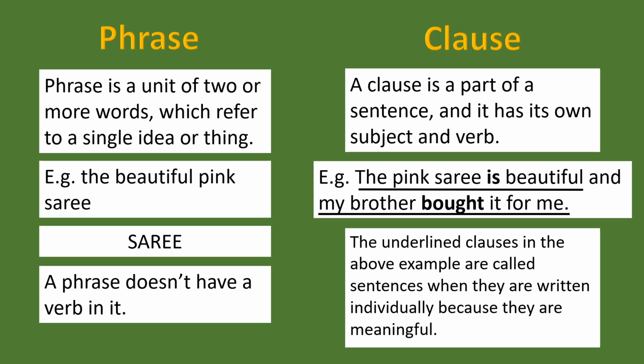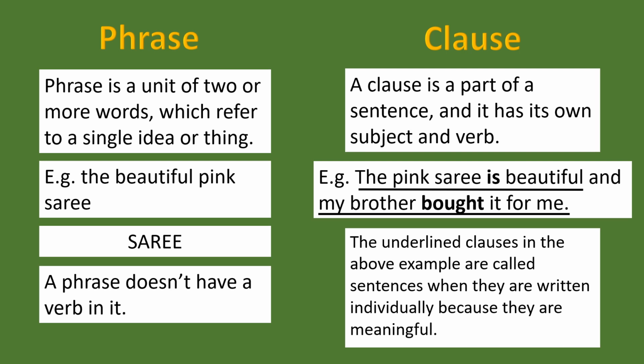And in fact, these underlined clauses in the above example are also called sentences if they are written individually, not as a part of a big sentence. Why? If they are written individually, separately, and if they make any sense, then they can be called sentences.